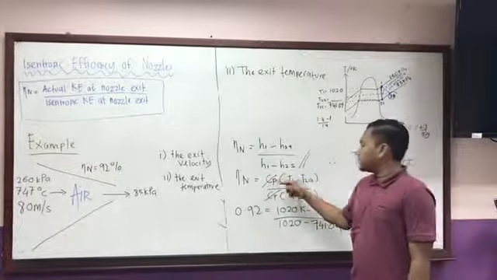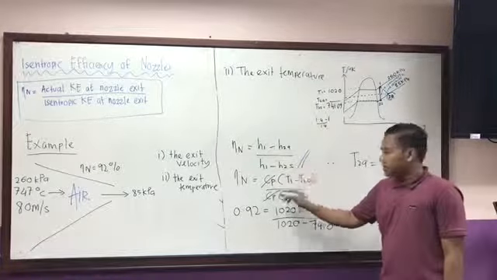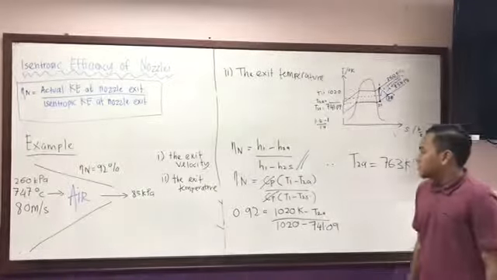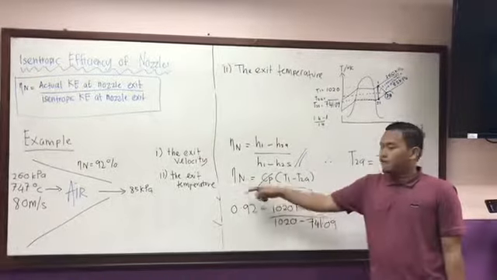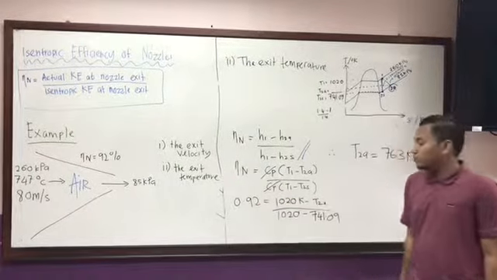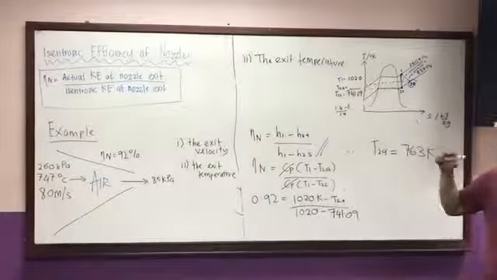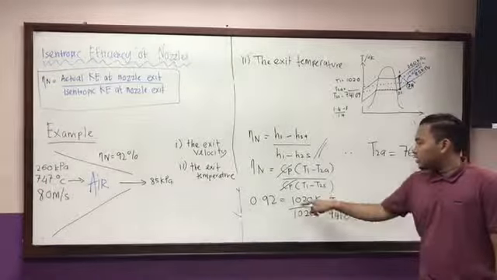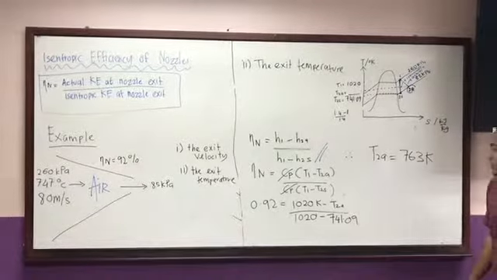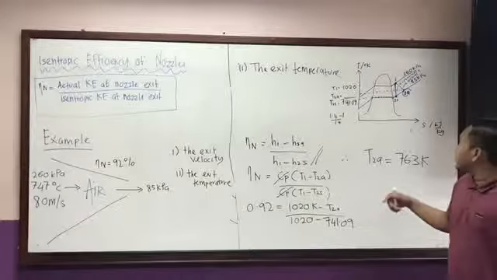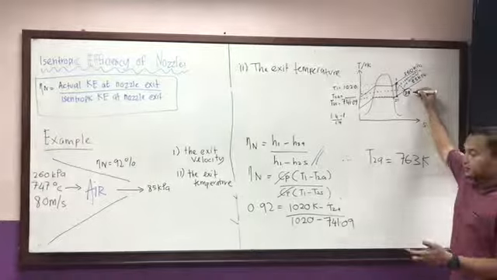The same CP we can just ignore. We know that the efficiency is 0.92, and T1 from the question is 1020 Kelvin, and T2A is the temperature we want to find.